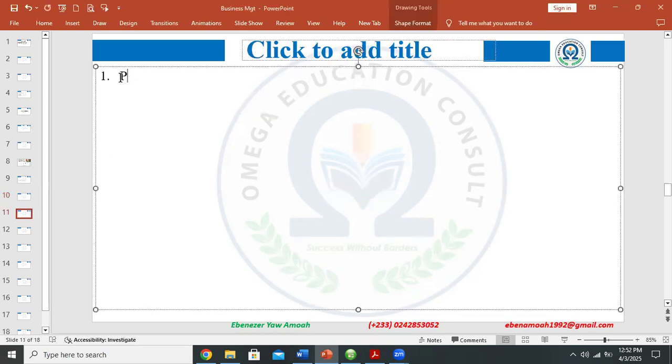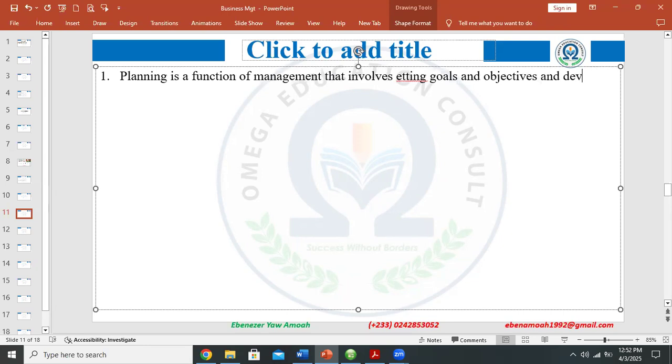First of all, planning is a function of management that involves setting goals and objectives and developing strategies to achieve the set goals or objectives.